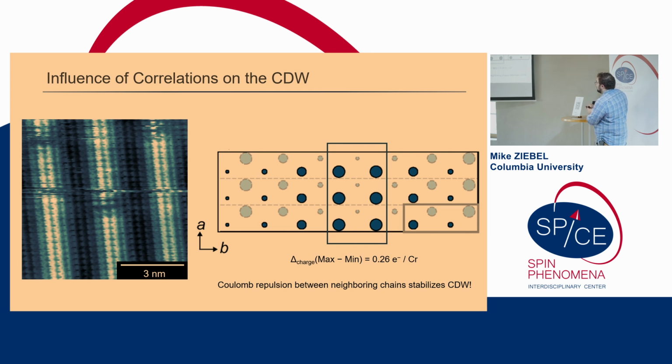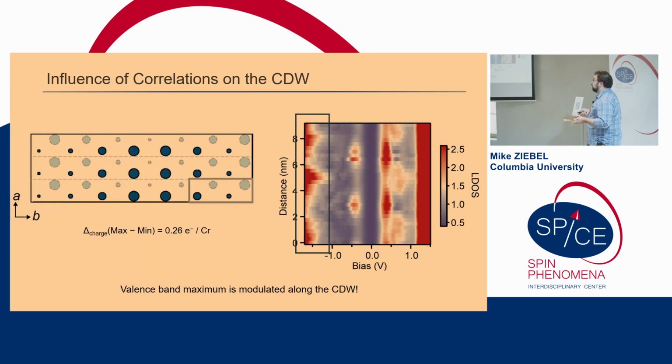So really what we can think about is that we have 1D chains running along the b-axis, but that are weakly tethered together by a Coulomb repulsion. And while we can't directly probe whether this Coulomb repulsion is real, one thing we can say is that the theory predicts a very large charge modulation, where the difference between the maximum and the minimum in charge density is about 0.26 electrons per chromium, which is much larger than for a conventional charge density wave.